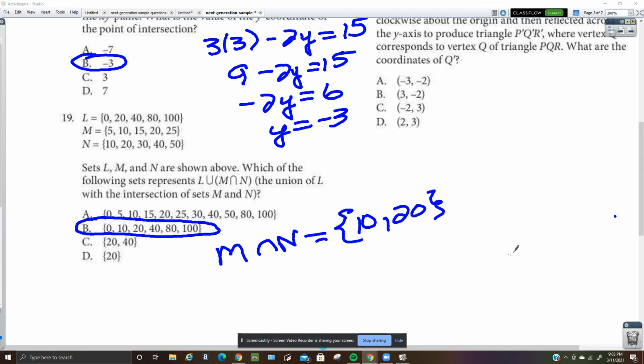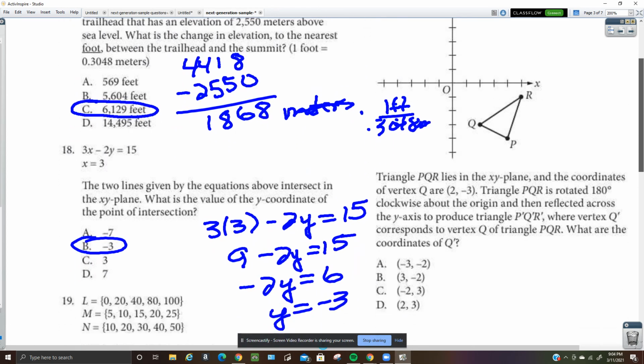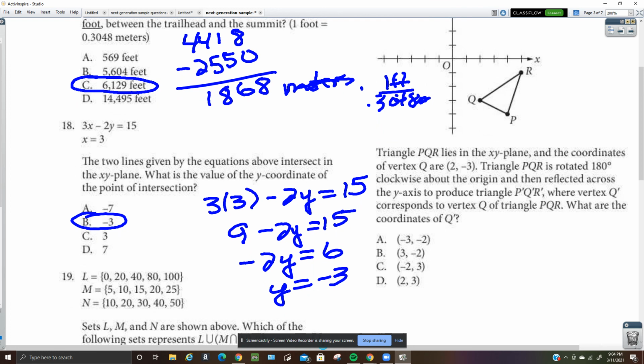And then the last one here, say that this point's at 2, -3. You want to rotate clockwise right here.